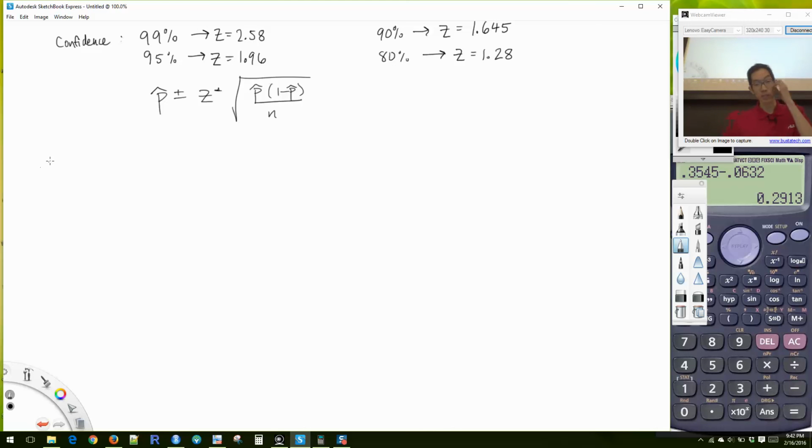Okay, so I'm going to write: we wish to know what percent, or what proportion, we'll just stick with proportions, what proportion of people in the US again wear corrective lenses.